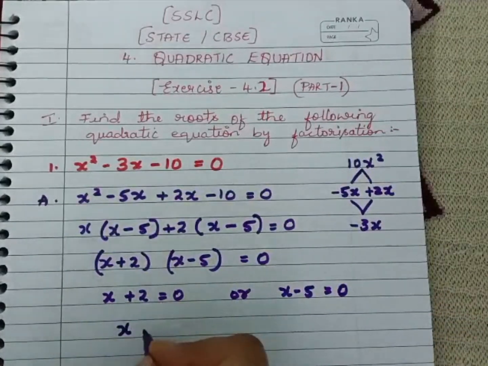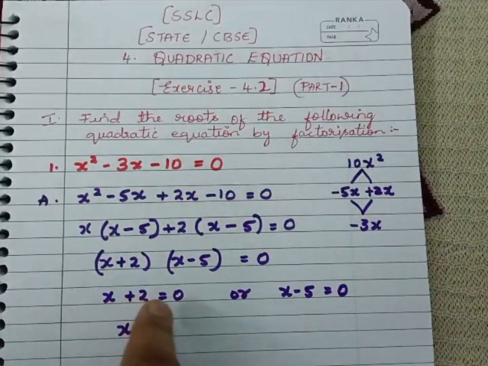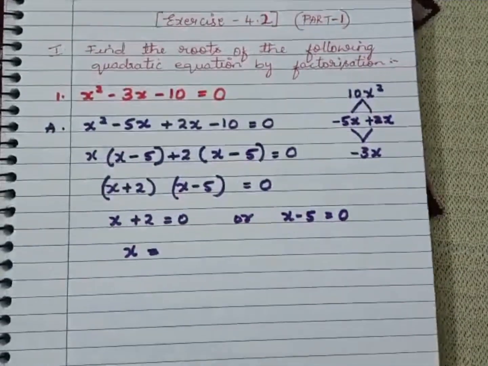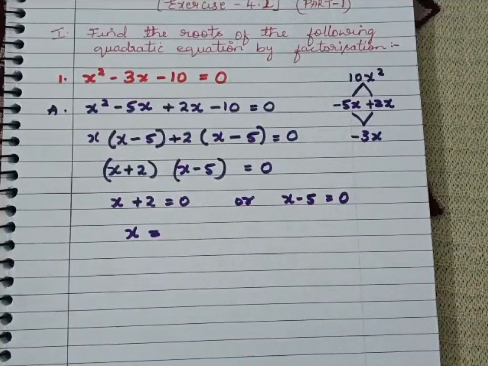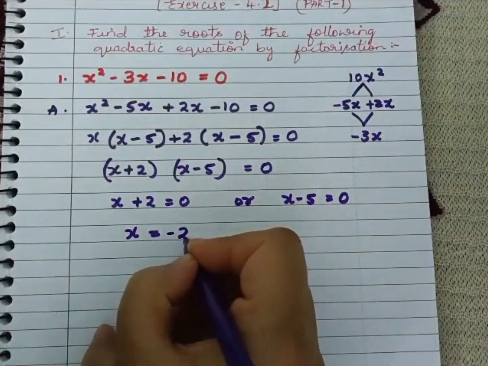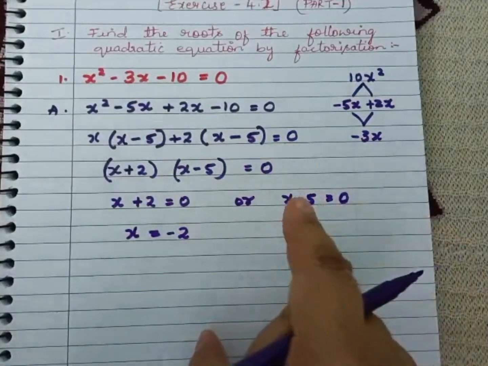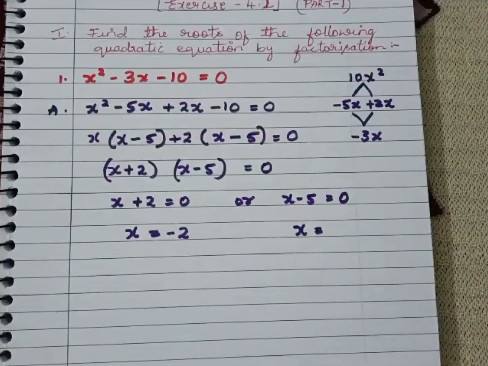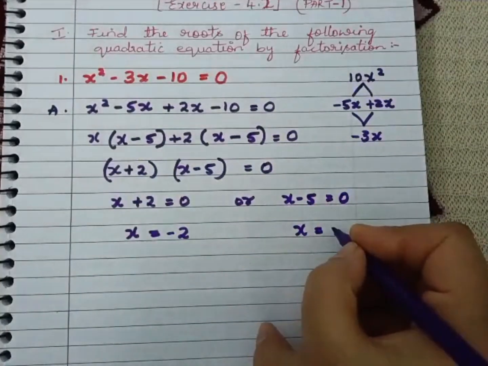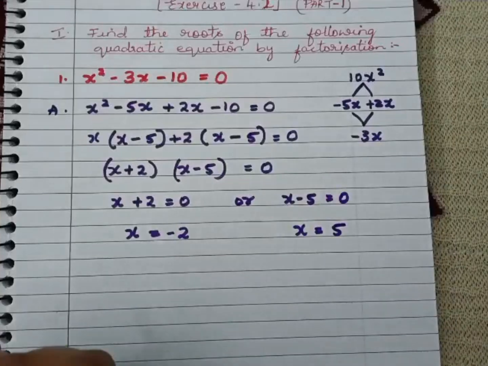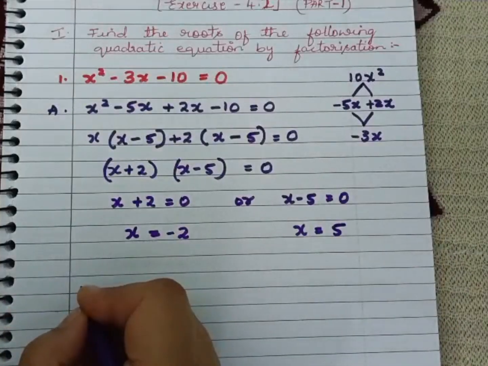Here x is equal to plus 2. When it is going to shift to right hand side, the sign changes, that is plus 2 becomes minus 2, and when the minus sign is shifting to the other side it becomes plus, so plus 5. Now we got the answer.